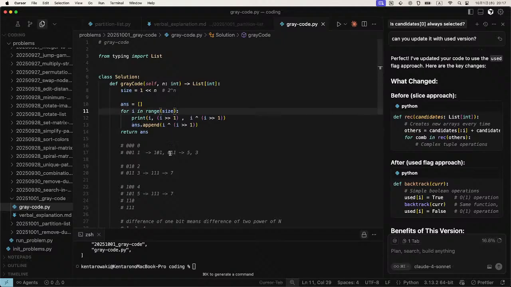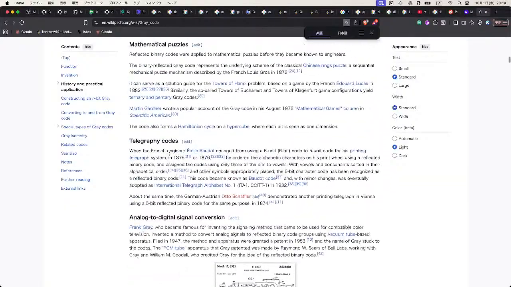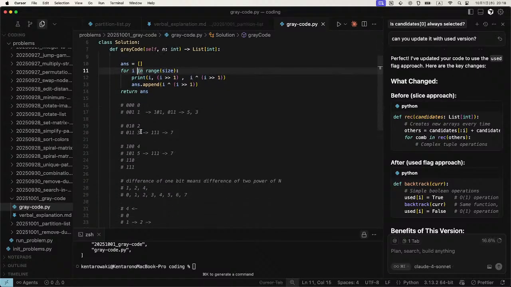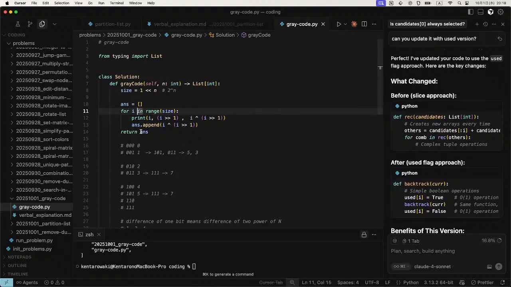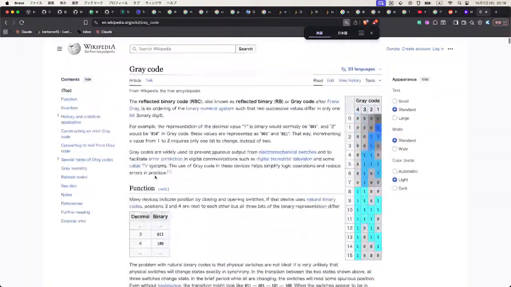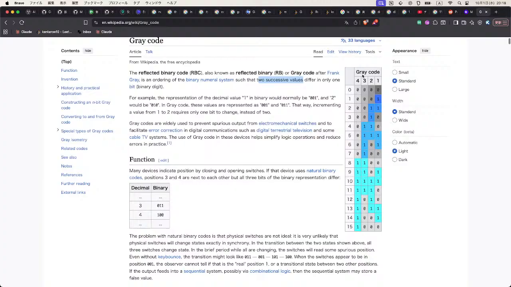Yeah, I gave up this problem. But yeah, I understand the concept of gray code, which is one of the encodings of numbers, and in the gray code, two successive values differ in only 1 bit, like this.